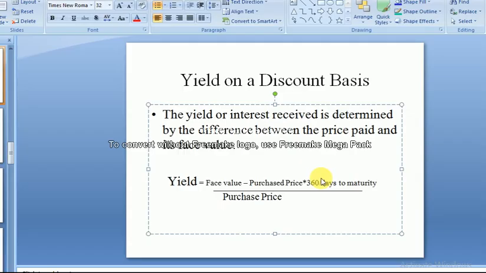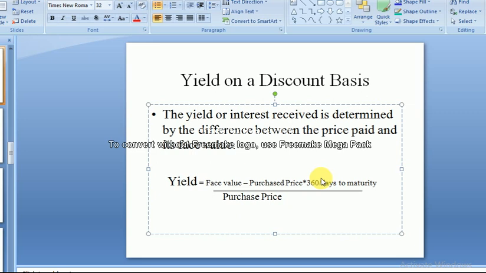Our next topic is yield on a discount basis, or we can say discount yield. The discount yield is a way of calculating a bond's returns when it is sold at a discount to its face value, expressed in a percentage form.